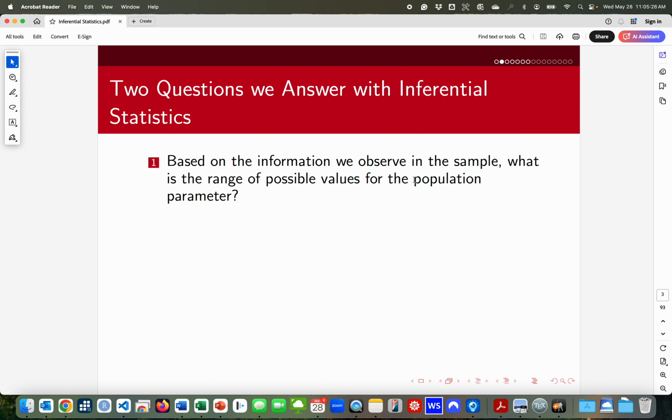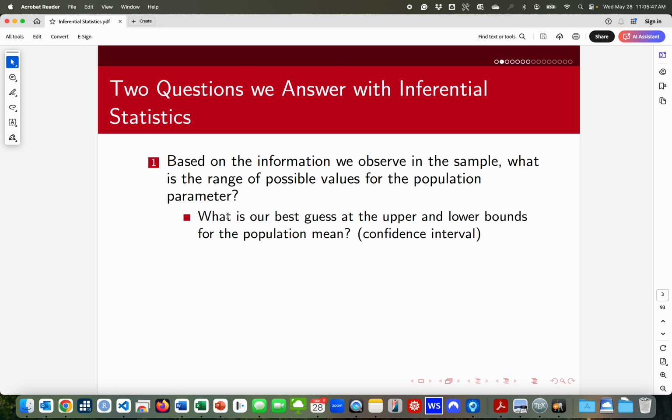So I might say, I believe the average number of hours spent studying per week is somewhere between 8 and 12. So that's an interval that I think contains the true value. And certain things will make that interval smaller or wider, and we'll think about those a little bit later. Okay. So it's a best guess at the upper and lower bounds. So we're not going to guess a number, we're going to guess an interval.